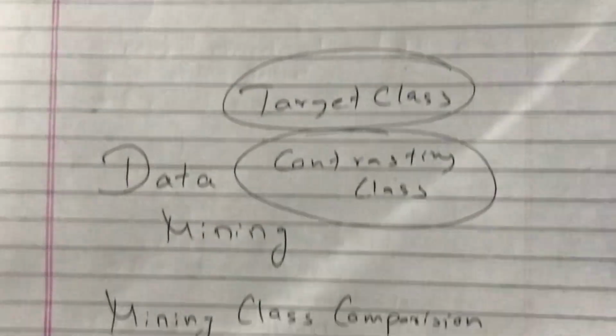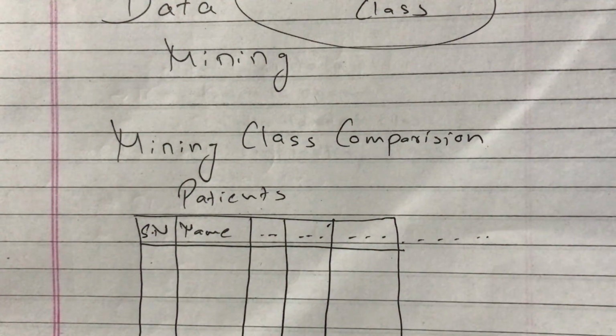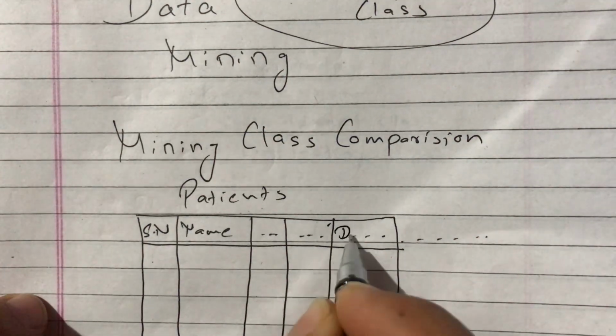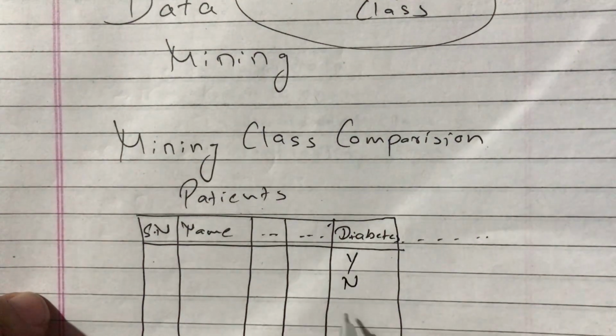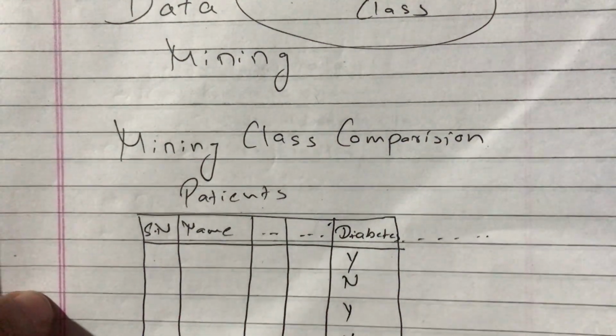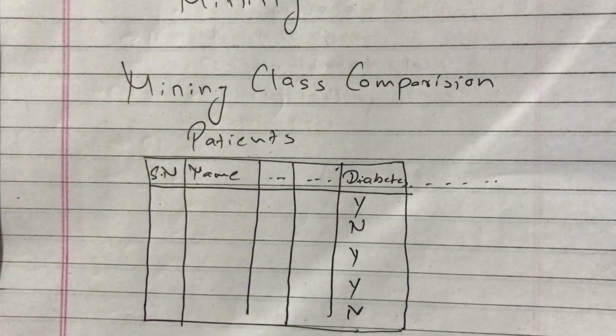Suppose you have a dataset for different patients. Now you want to compare data for the patients who have diabetes and for the patients who do not have diabetes. Some patients have diabetes and some do not.